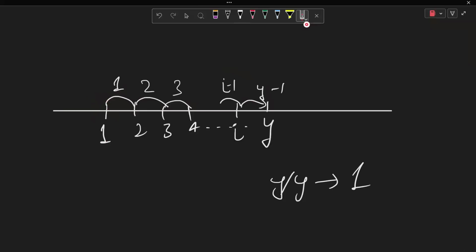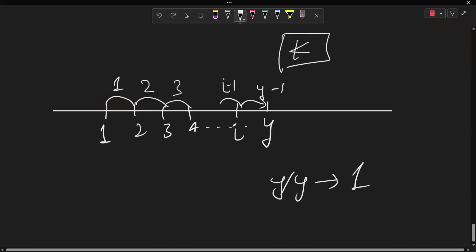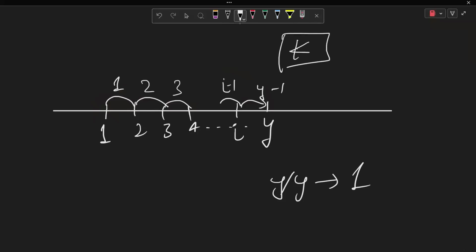So if you are getting back to 1 after every y minus 1 steps, it means you have to do k more steps here. After every y minus 1 steps are neutralized, you can just reduce this k by y minus 1 each time until you get k less than y.